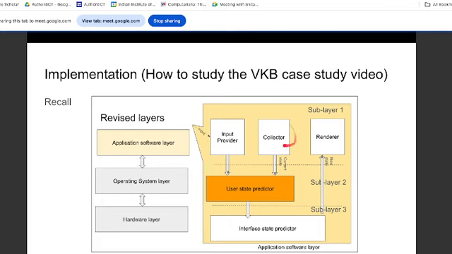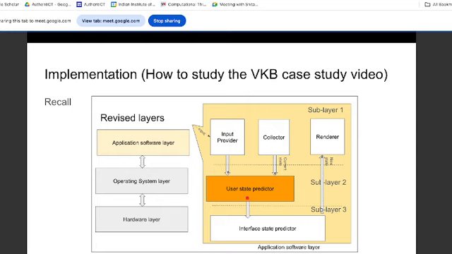At that time, the collector is the one that gives us maximum user centricity, because it provides the current state and the calculated model values, which are empirical in nature, to the user state predictor. Then the user state predictor is going to pass on the values that come out of our model to the interface state predictor.